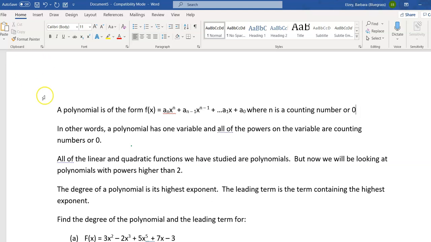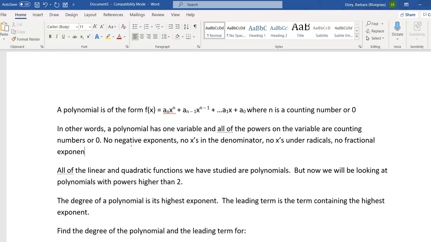This means that there are, very important, no negative exponents, no x's in the denominator, because that would make it a negative exponent, no x's under radicals, under square roots or cube roots or any kind of radical, no fractional exponents.